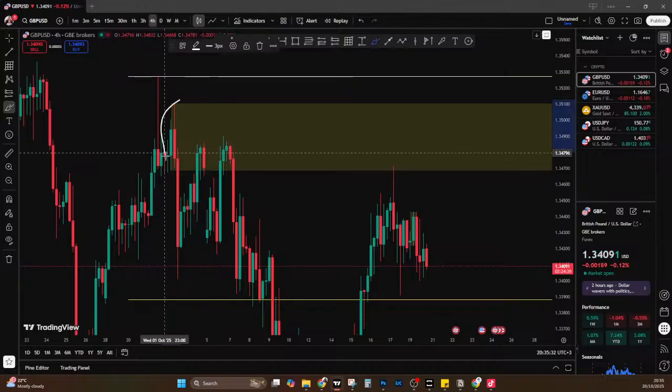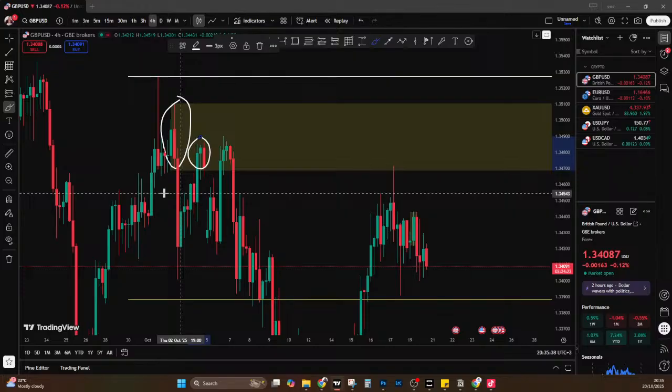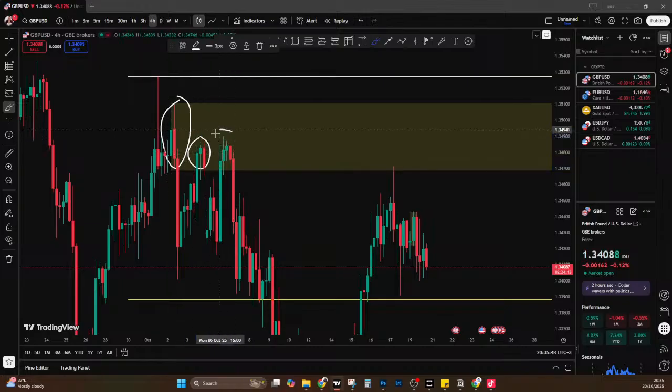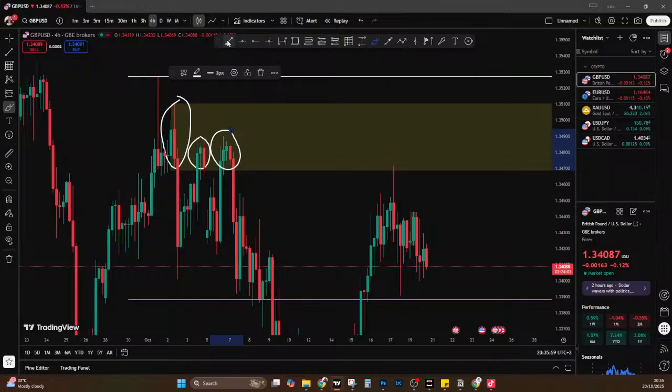This one here was mitigated by this order block. Mitigation means the market came back to retest the order block. Now this one was mitigated by this one. Can you see that? If you see that, please show me so that I know you are getting what I'm saying.